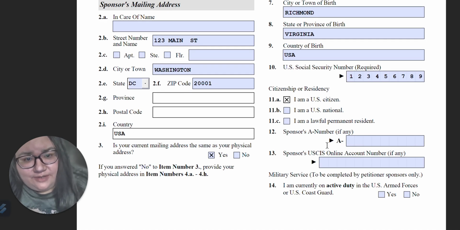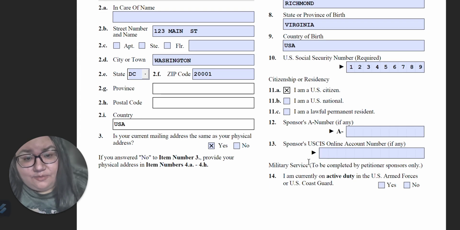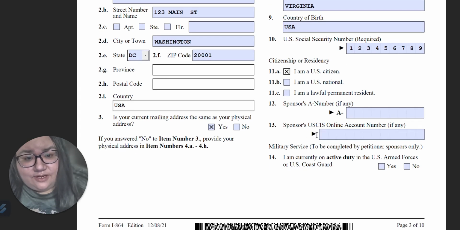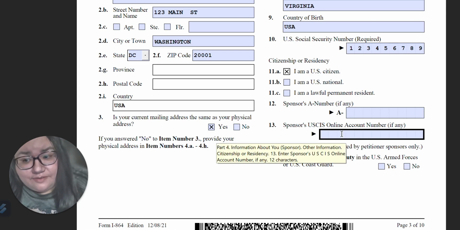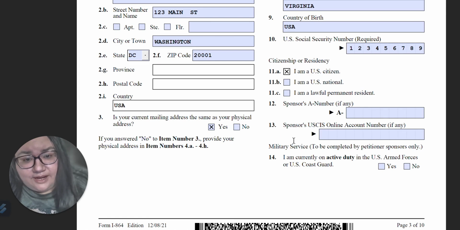He's never been assigned one, so we can leave that blank. Do make sure to fill out your sponsor's online account number if they have one. Now, if the sponsor or the petitioner filled out form I-130 online, then they would have a USCIS online account number. Be sure to fill that out here.